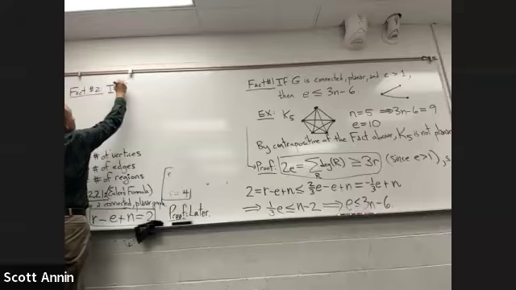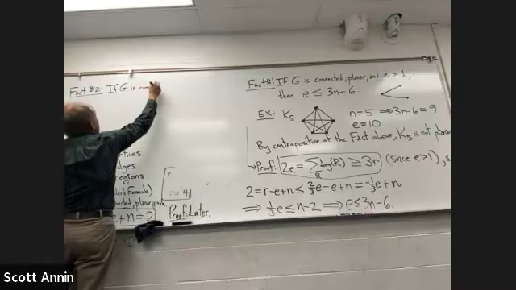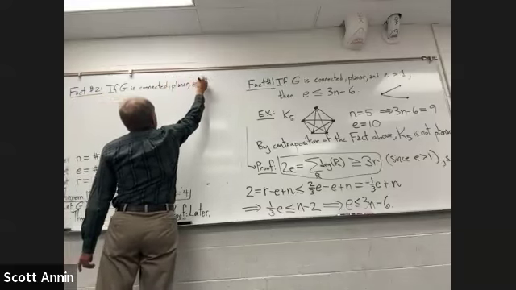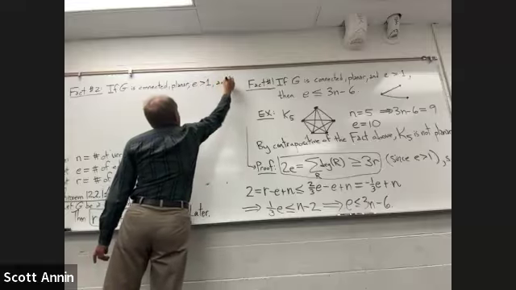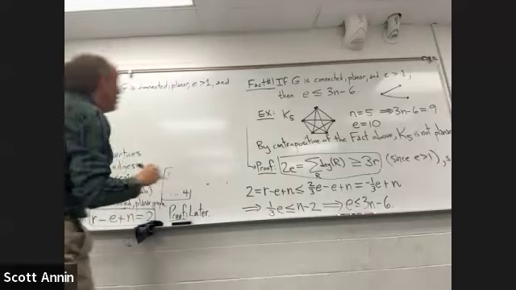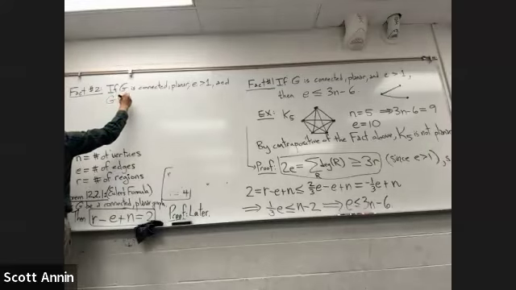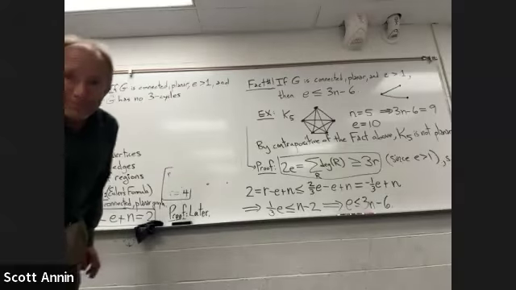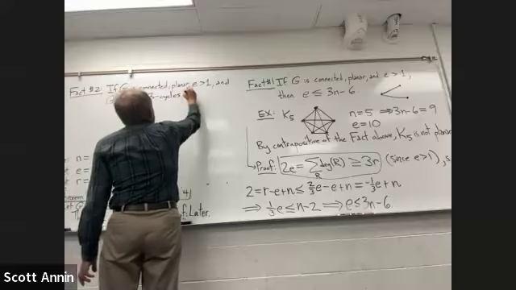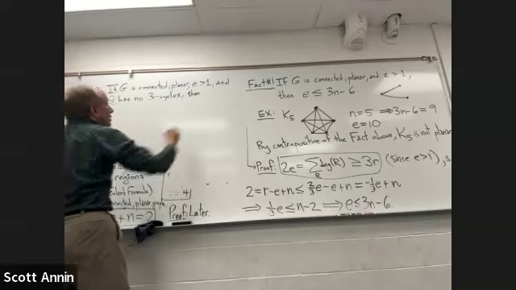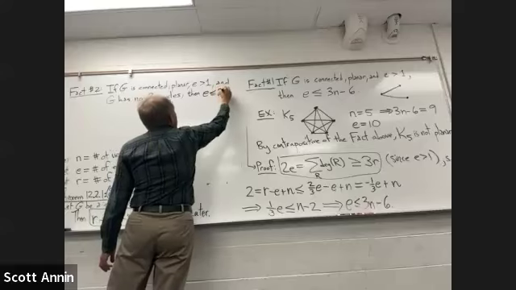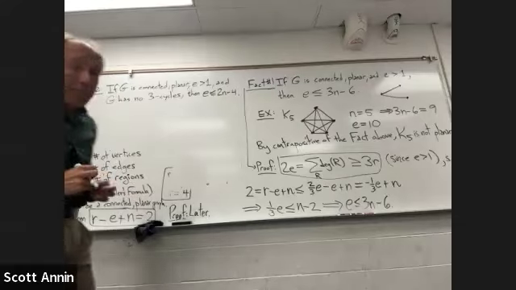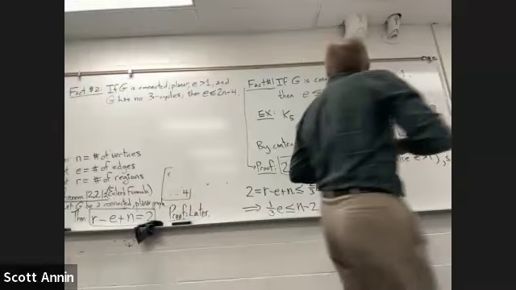If G is connected, planar, E is greater than 1, and one more condition, G has no 3 cycles, then E is actually less than or equal to 2n minus 4. That's even tougher than the original inequality.